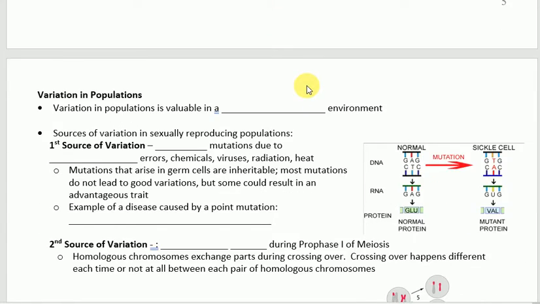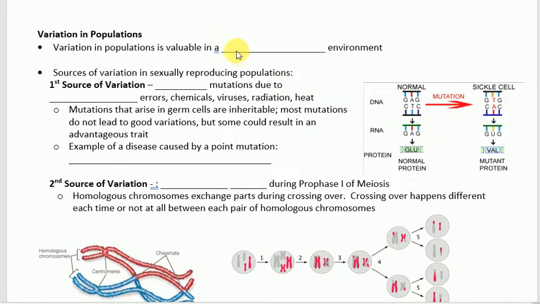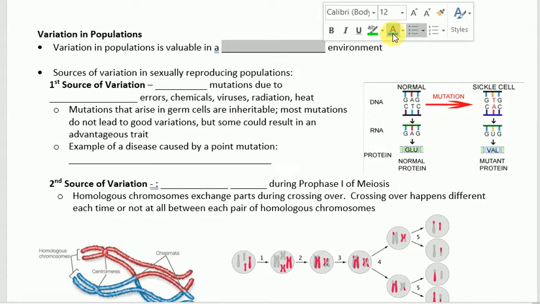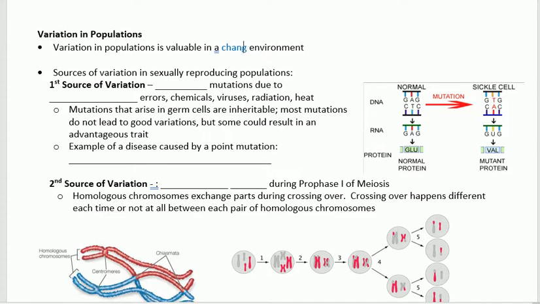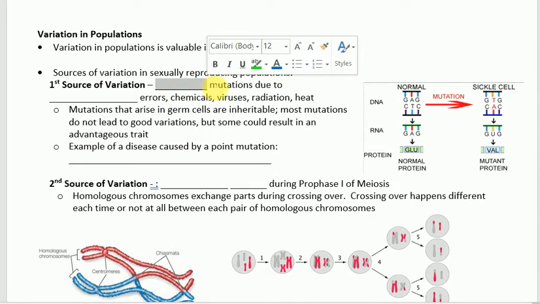Let's move on and talk about variation. So variation in a population is very valuable in a changing environment. So some of the sources of variation in the sexually reproducing population are point mutations.